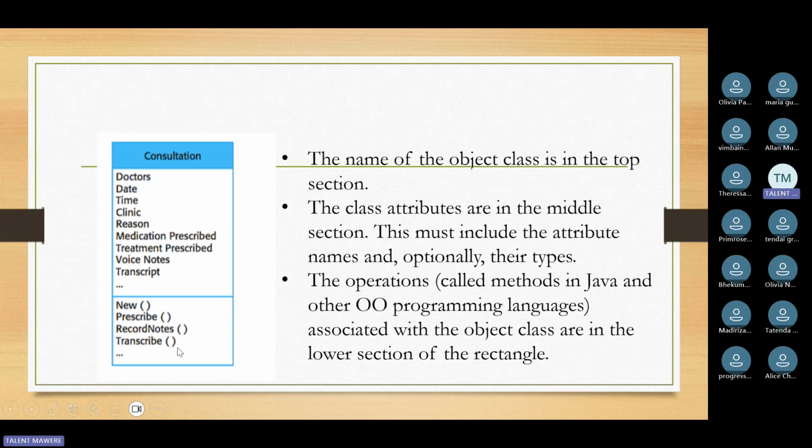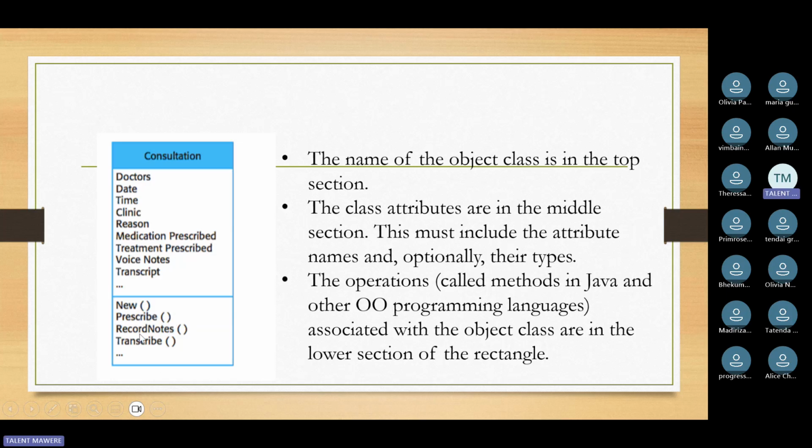And these ones are actions. These are possible actions that can be done, and usually they relate to changing the attributes from one form to the other. For example, we can have a new consultation. That's an action that can happen under consultation. We can have a new prescription that is prescribed.